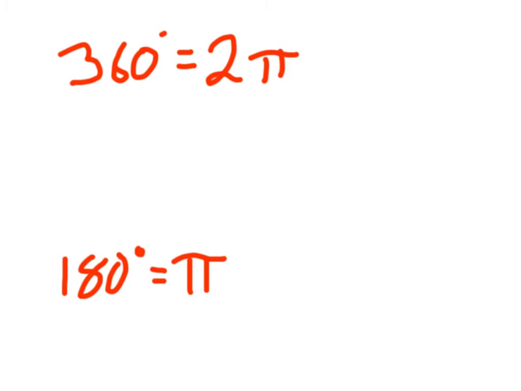If you wanted to convert, say, 12 degrees into radians, what we do is we multiply 12 degrees times the conversion factor. You can pick.